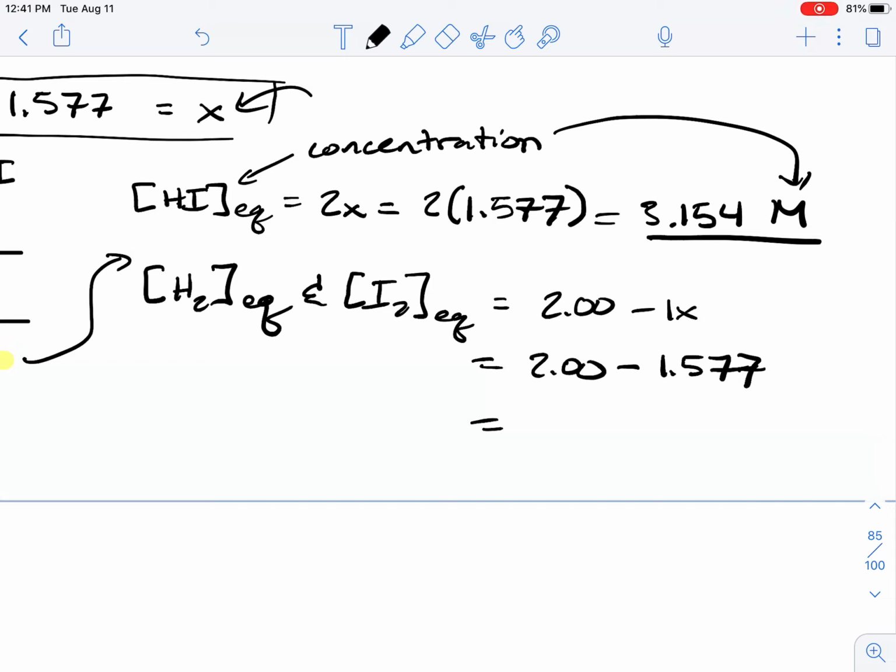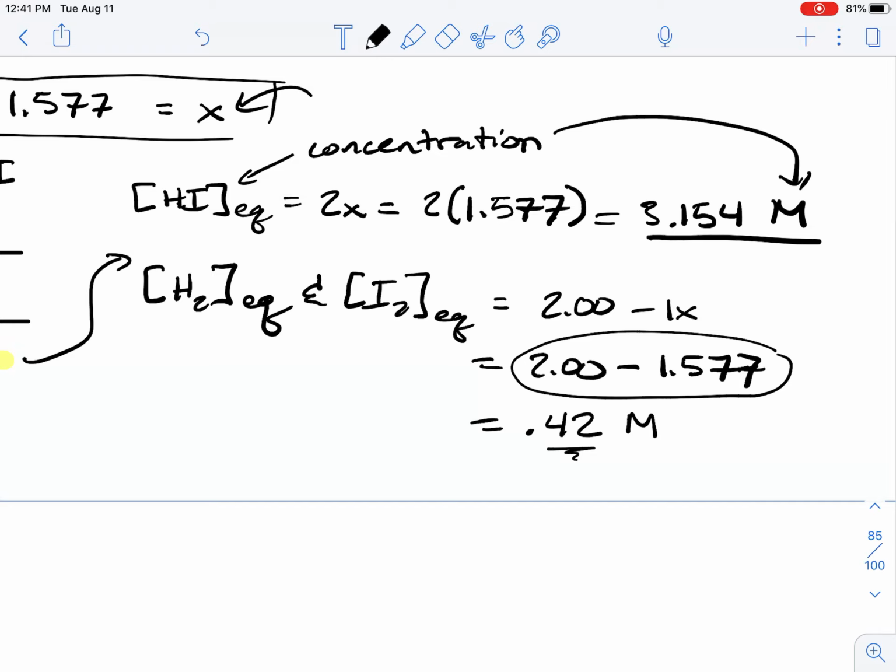And so the answer that I'll get is approximately 0.42. Okay. So notice that for the last operation, you have to apply the rules of sig figs for subtraction, which means you have to record the least number of places after the decimal. Here we have 2 decimal places and 3 decimal places, and so we can only record up to 2 places after the decimal. So we need to round down. So this is going to be 0.42 molar.